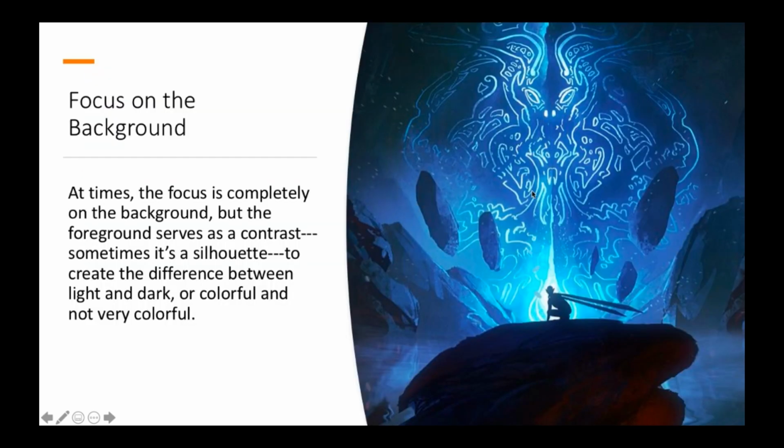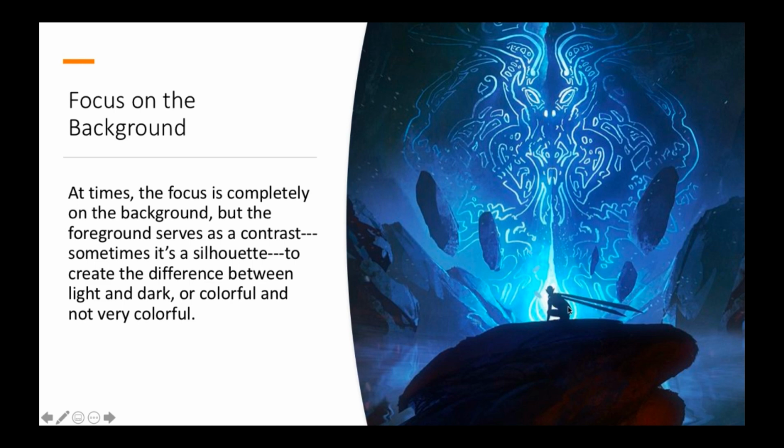Now, the focus can also sometimes be on the background. At times, the focus is completely on the background, but the foreground serves as a contrast. Sometimes it's just a silhouette to create the difference between light and dark, or colorful and not very colorful. So in this case, you can see that this is really the center of attention. Now, this may attract some attention too, but it's just a silhouette.